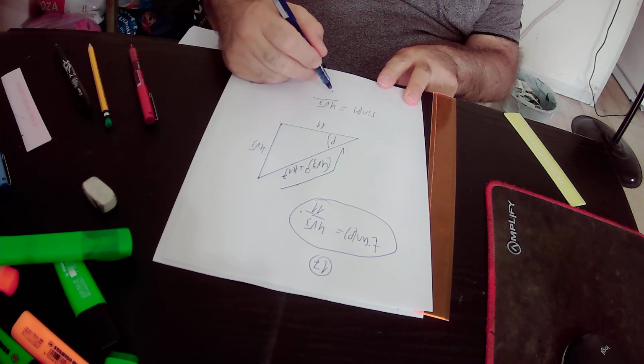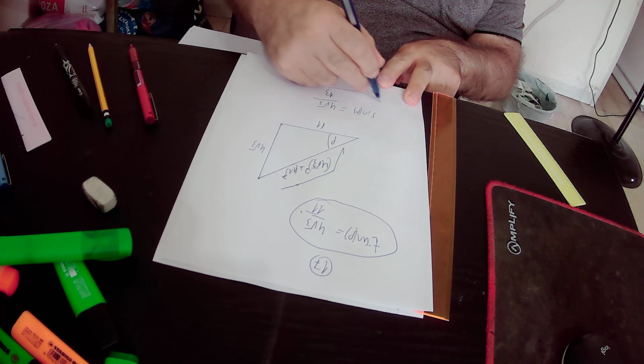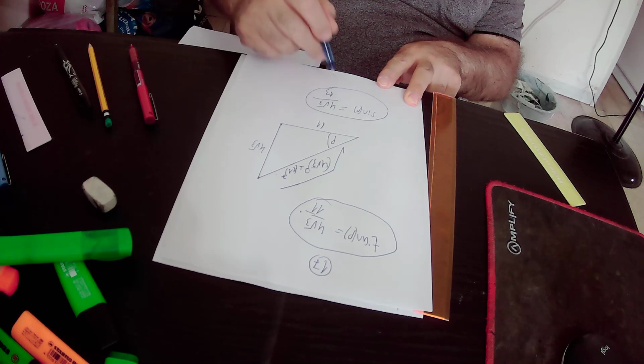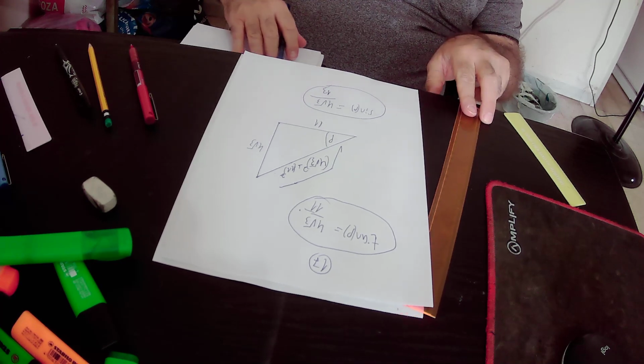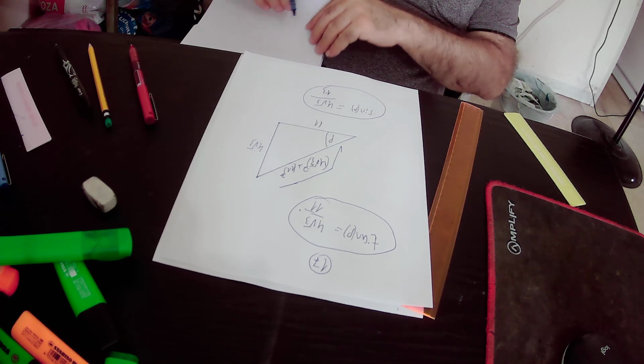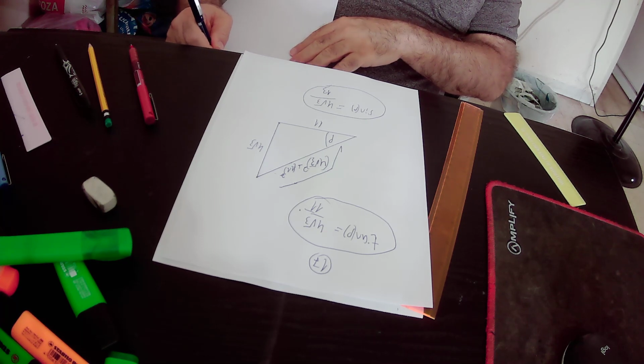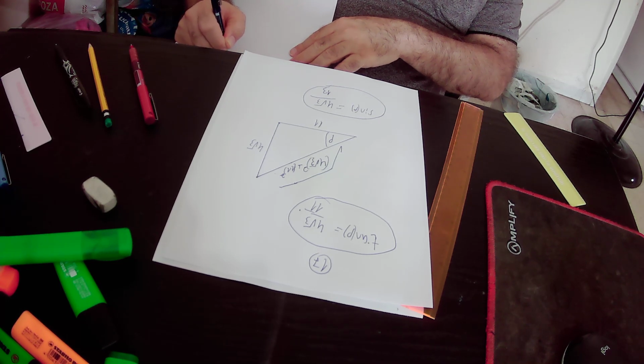So in total, the hypotenuse equals 13 units, and sine P equals 4 times root 3 over 13.